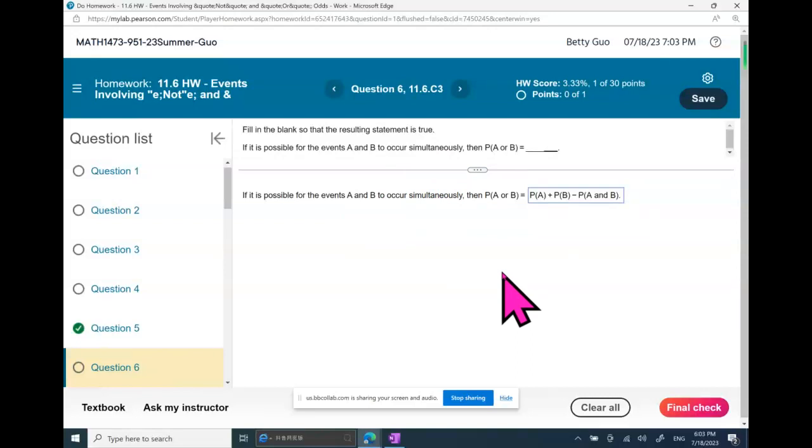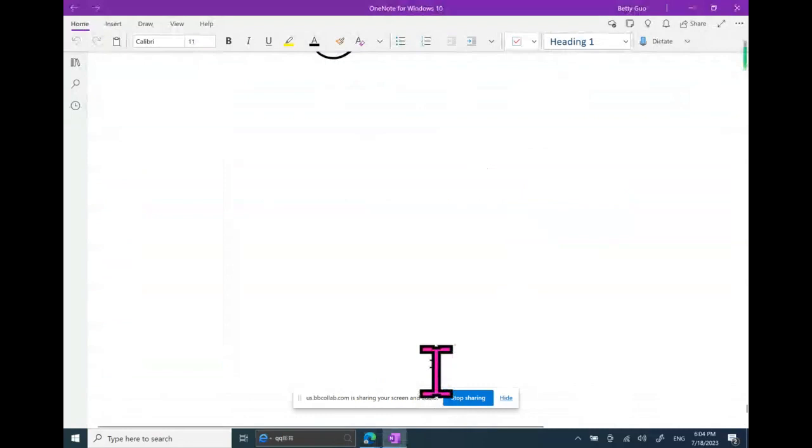When two events A and B are not possible to occur simultaneously, we say the two events are mutually exclusive. If it's possible for them to occur at the same time, then they are not mutually exclusive. If they are not mutually exclusive, we should use this formula to compute the probability of A or B. So this is called addition rule.